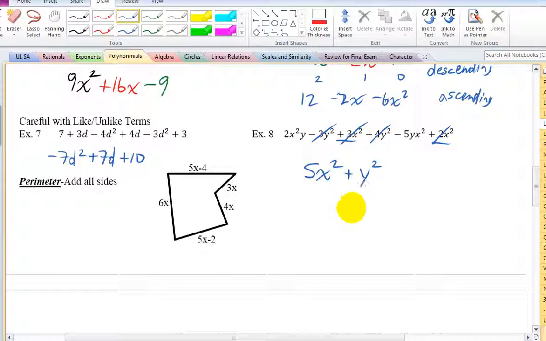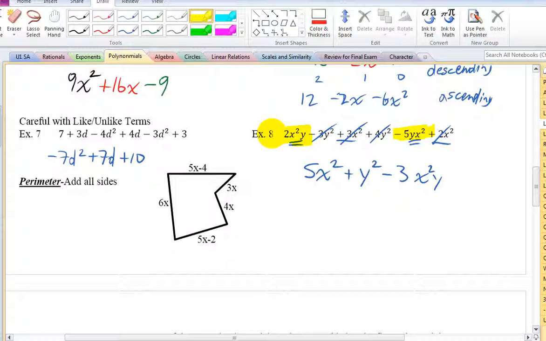What would you do? Don't write anything. How many x squared y's are there? These are the exact same. Just because someone doesn't write them in alphabetical order doesn't mean you can't combine them. It just means they don't know their ABCs.